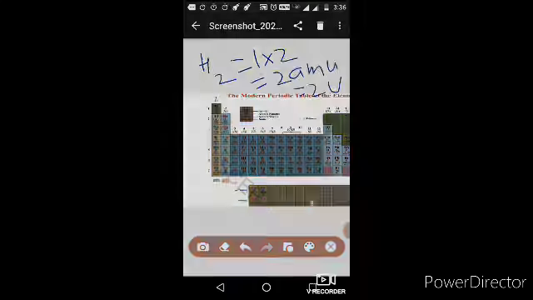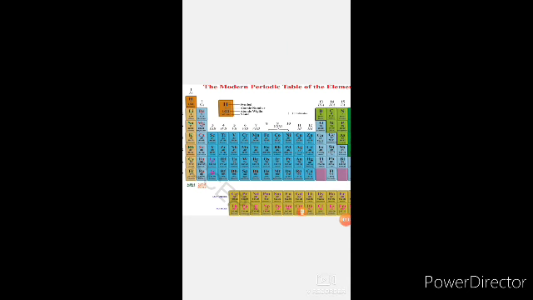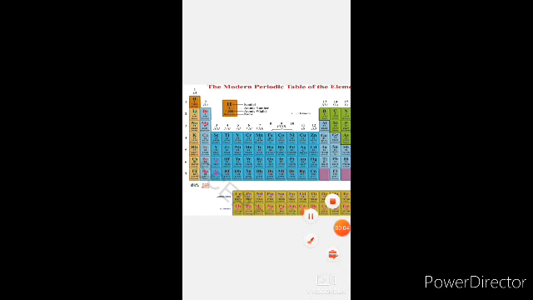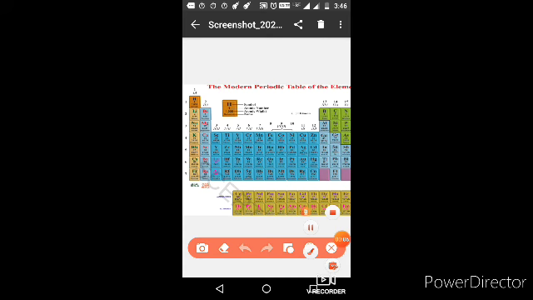Students, to know about AMU: in general, for measuring weight in daily life we use kgs: 1 kg, 2 kgs, 3 kgs.